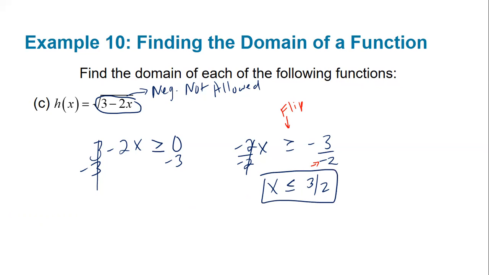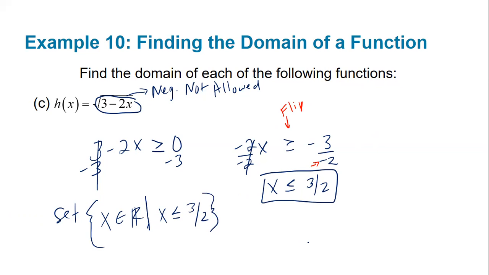Okay, so that's my domain restriction. So when I would write this, there are two ways of writing this. In set notation, you're saying that x is all real numbers, but x has to be less than or equal to 3/2. I draw the ugliest braces.